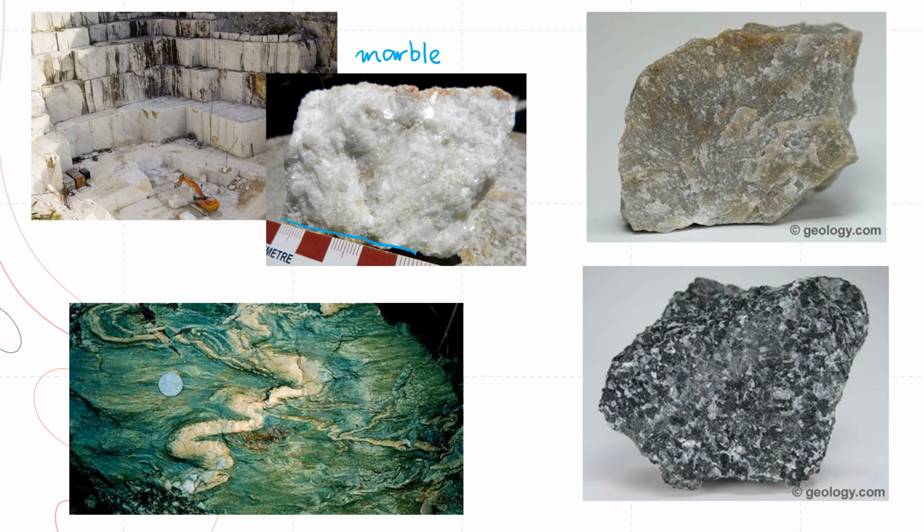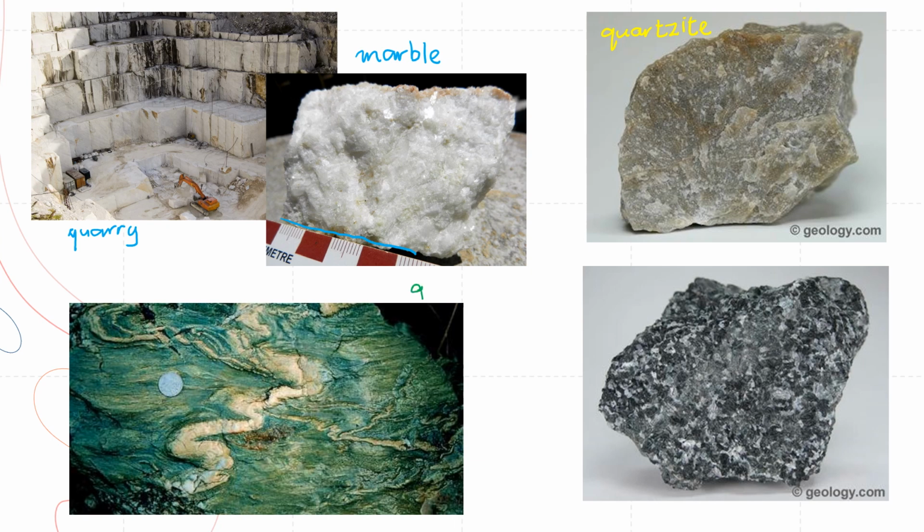And this is an example of a marble quarry, where marble is being mined to make your marble kitchen tops, marble tiles, etc. And on our top right corner, we have an example of quartzite, which is metamorphosed quartz sandstone.